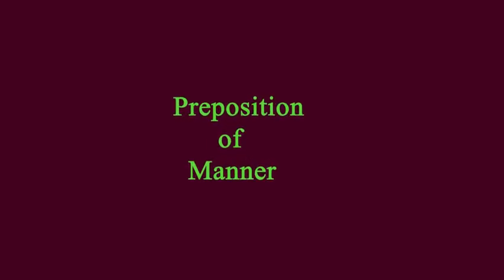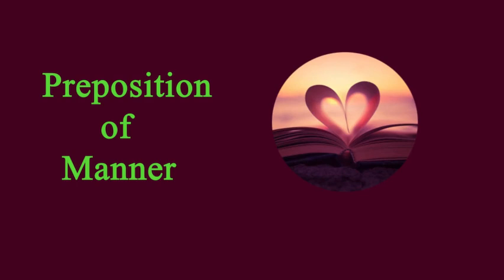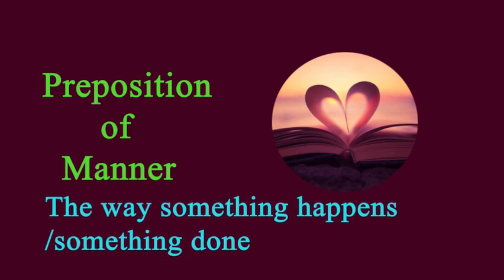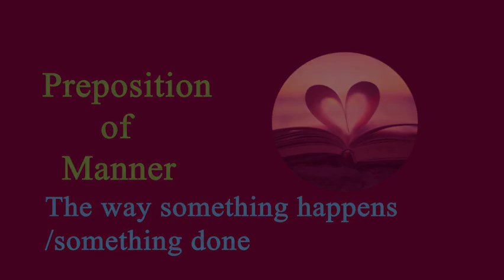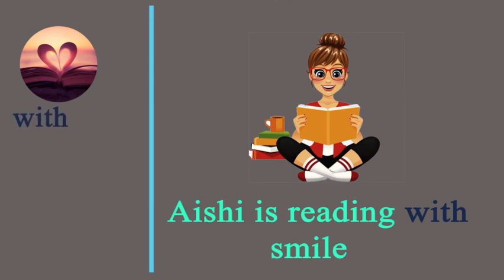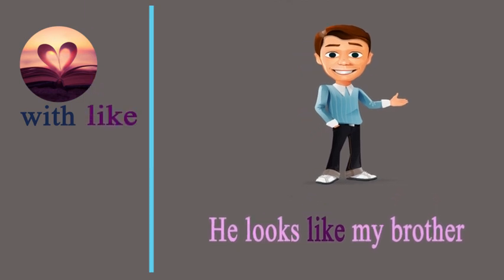Preposition of manner. It means the way something happens or is done. If you ask how has it been done, it is manner. So preposition of manner. Vaisi is reading with a smile. So with implies manner. He looks like my brother. Here like is manner.